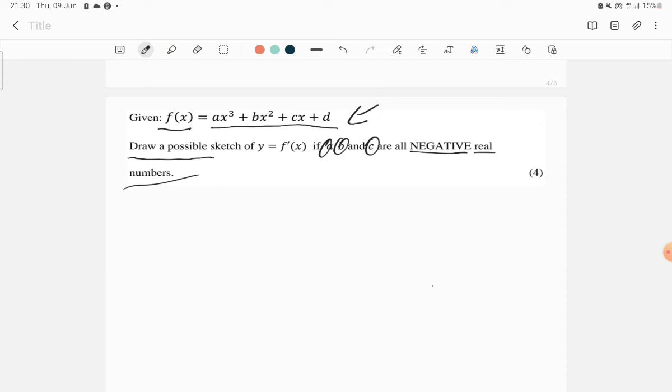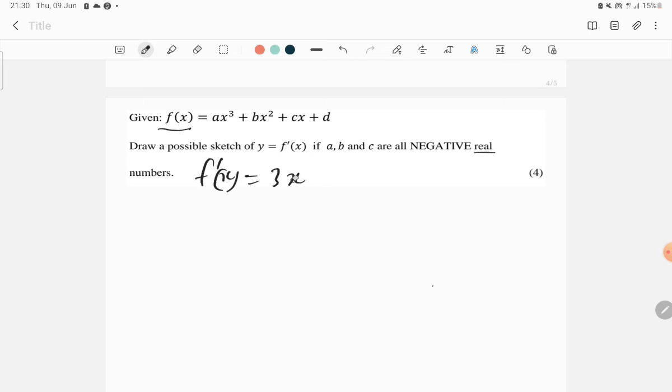The idea is to first find the function f prime. So f prime is the derivative of that, which is 3ax squared plus 2bx plus c. This is the function that we are sketching.